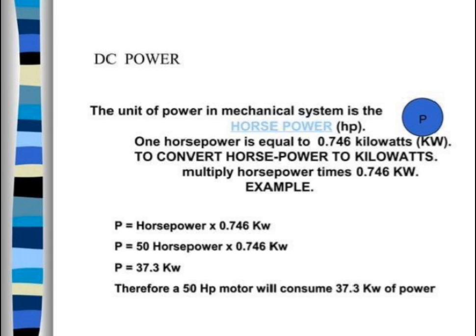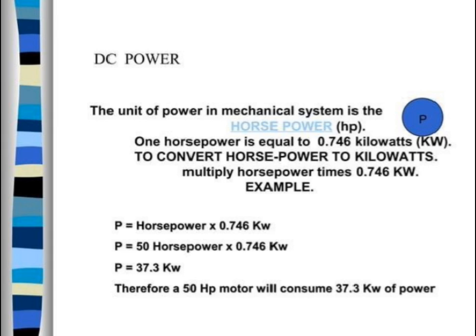Next, the unit of power in a mechanical system is the horsepower or HP. 1 horsepower is equal to 0.746 kilowatts. To convert horsepower to kilowatts, just multiply the horsepower by 0.746, which is the constant for horsepower.